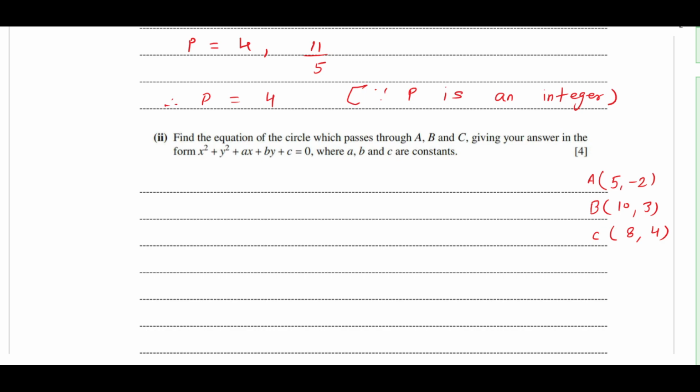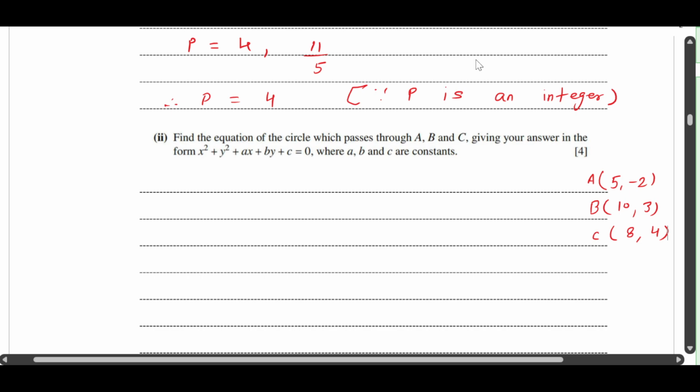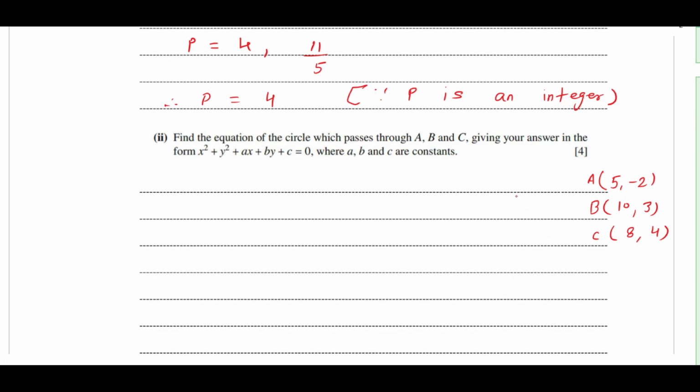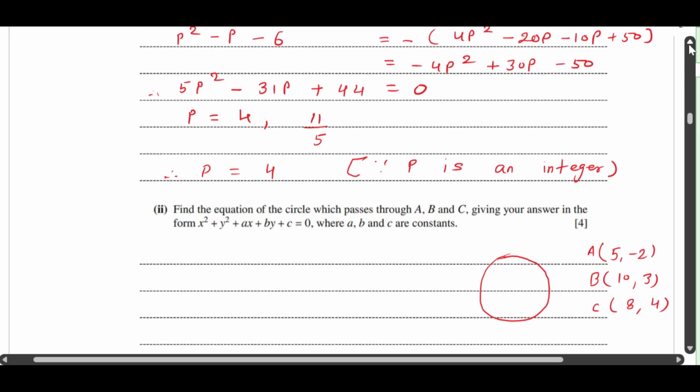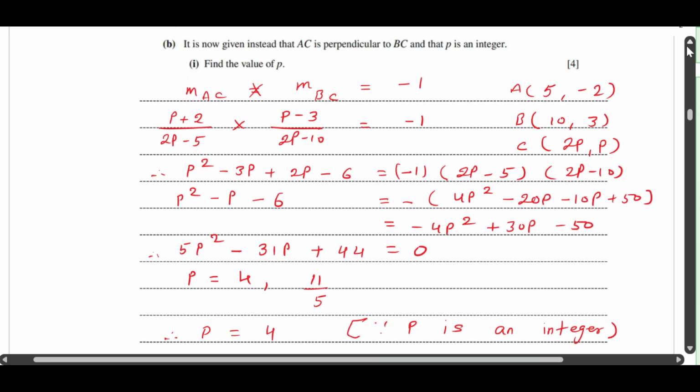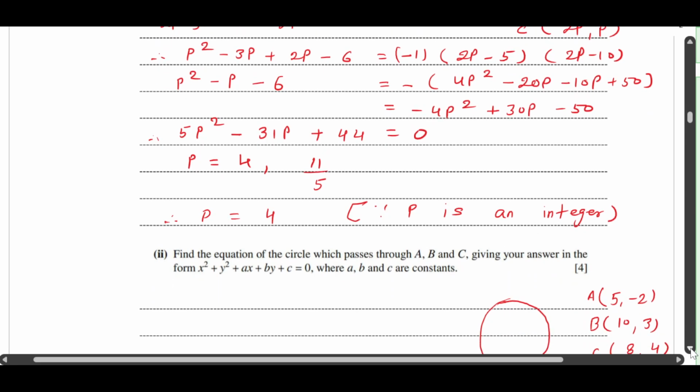Okay, we will do one thing. We first draw a circle with the given condition, just to understand. In the A part, it is given that AC is perpendicular to BC. Now I have to draw AC perpendicular to BC.